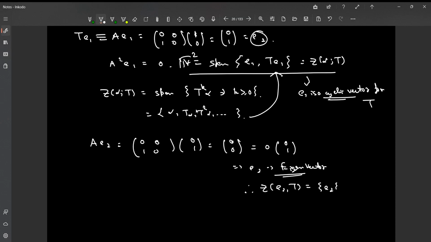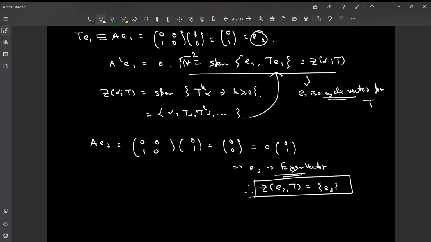This we have also studied, right? That if alpha is an eigenvector of the operator T, then Z(alpha, T) is a one-dimensional space. But it needs to be two-dimensional for it to be a cyclic vector, because the vector space which we are working with is a two-dimensional vector space, right?